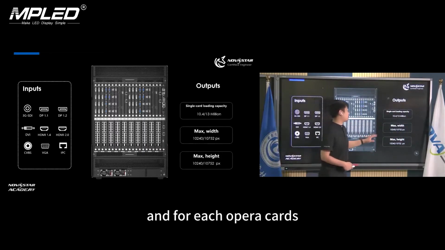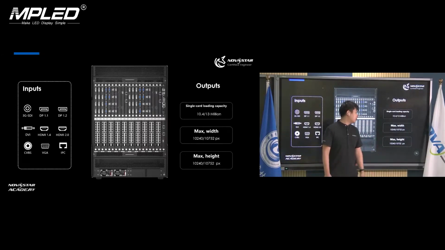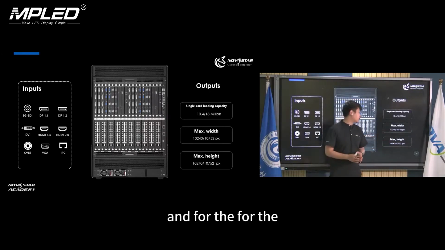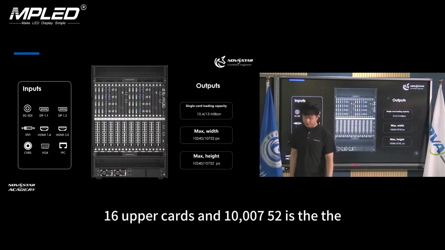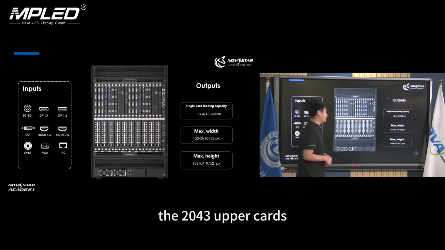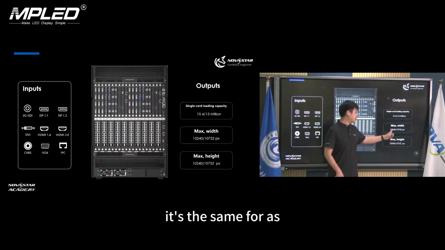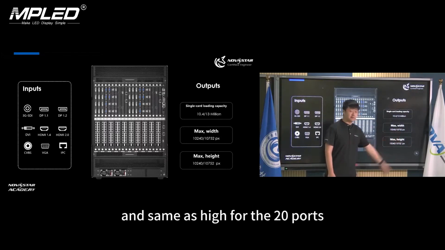And for each output card, the maximum width and maximum height is the same: 2,240 for the width for the 16 output cards, and 2,752 is the maximum width for the 20 RJ45 output cards. And for height, it's the same as the width for the 16 ports and the same for the 20 ports.